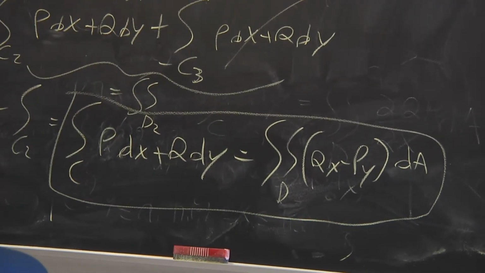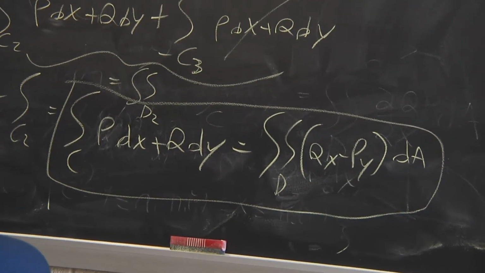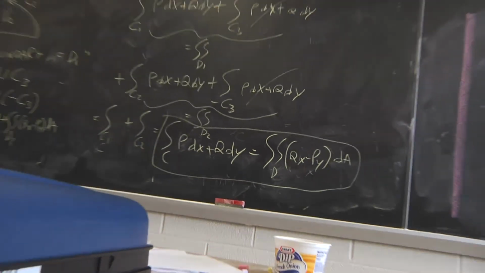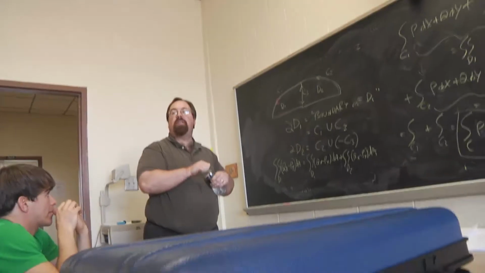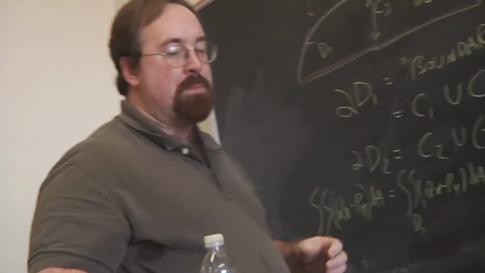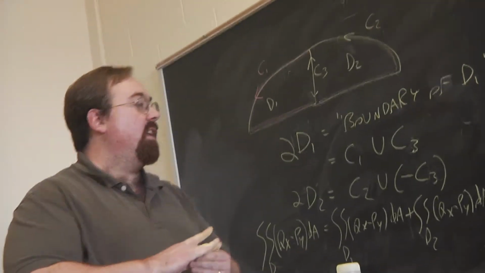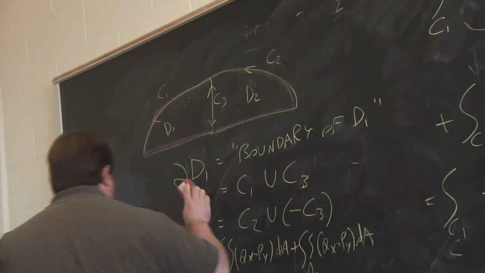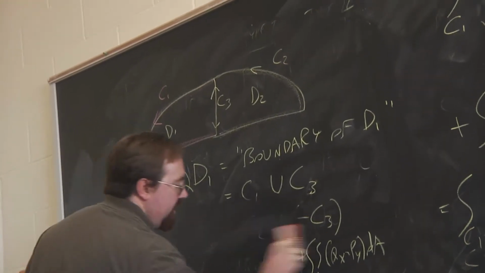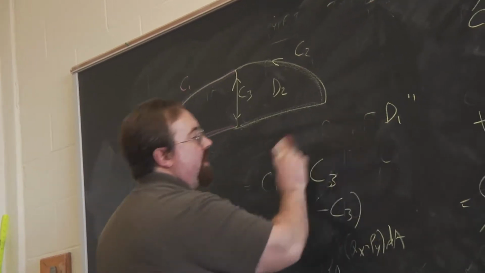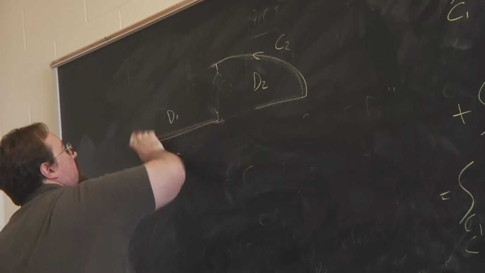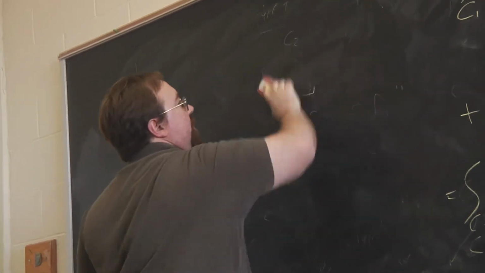Okay. All right. In fact, the region doesn't even have to be simply connected. Even if it has a hole in it, Green's theorem still applies. And I can show pictorially why that would be. And it's rather similar reasoning.